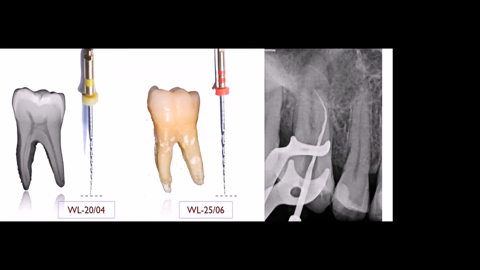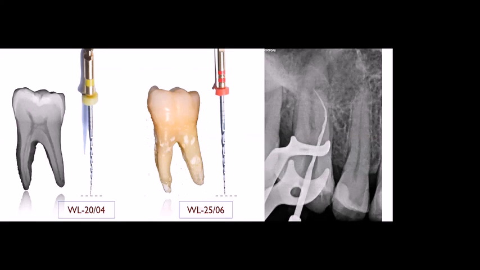We introduce the 2506, and when we realize that the file cannot penetrate deeper, we remove the file and clean the file. We repeat this sequence and we stop when the 2506 reaches the apical third.